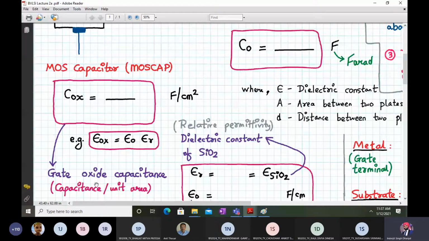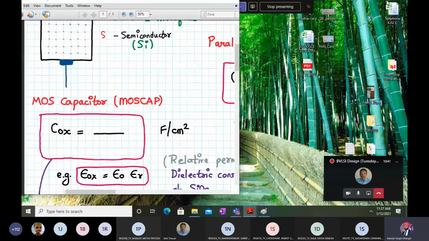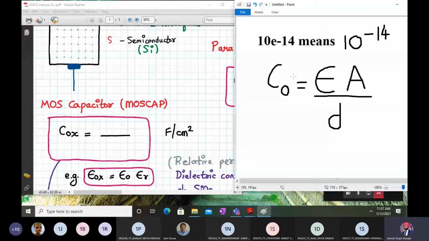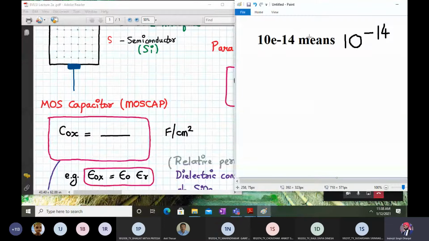Now let's understand that by the formula. So COX formula, please write it down. Let me take my pen and write the formula for COX. So gate oxide capacitance COX is given by epsilon OX.